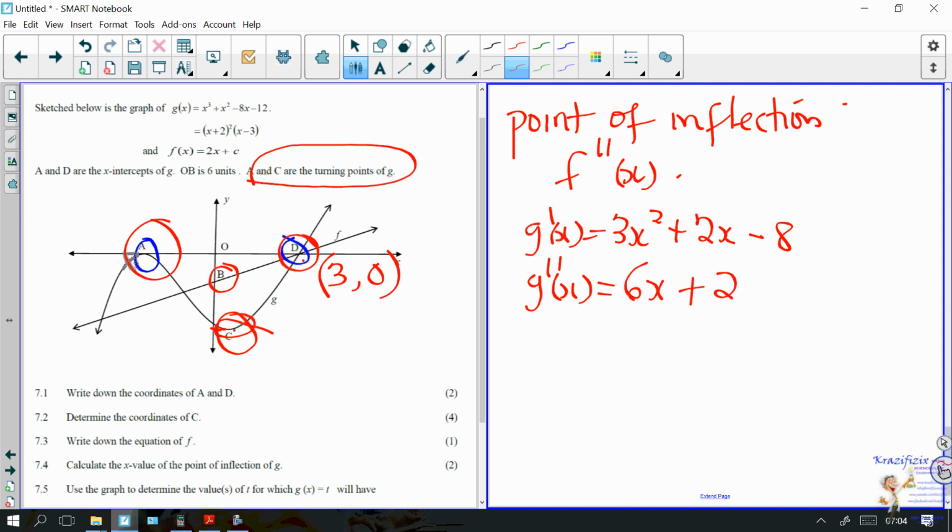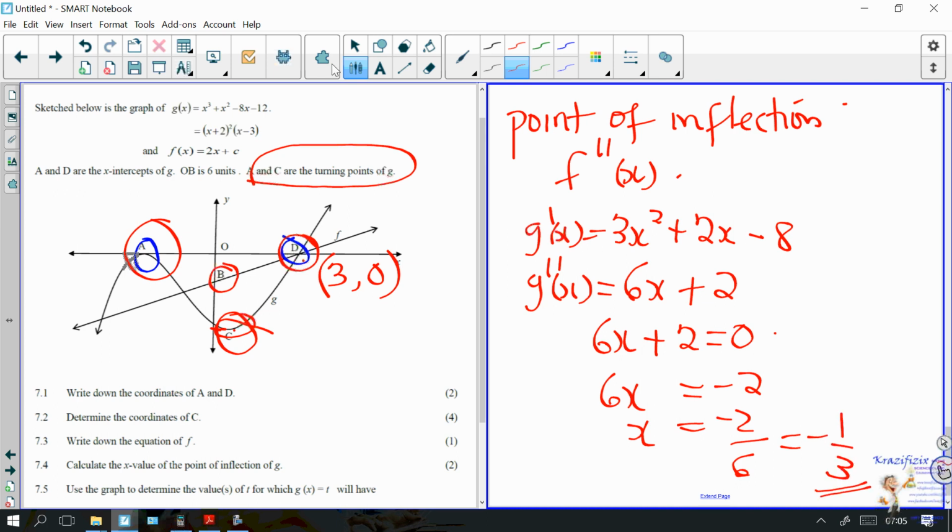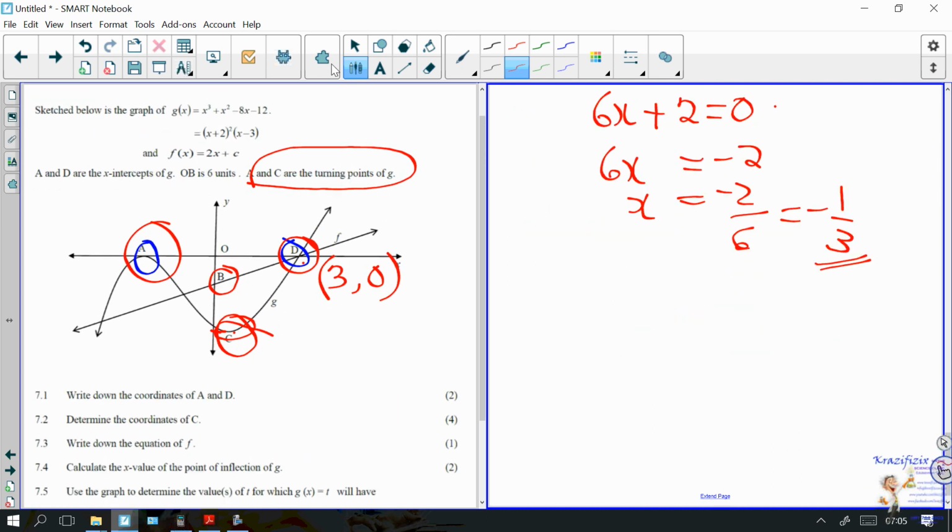And this 6x plus 2 must be equal to 0. 6x equals negative 2, so x equals negative 1 over 3. That's my point of inflection. Another way you can do that is to say negative b over 3a.